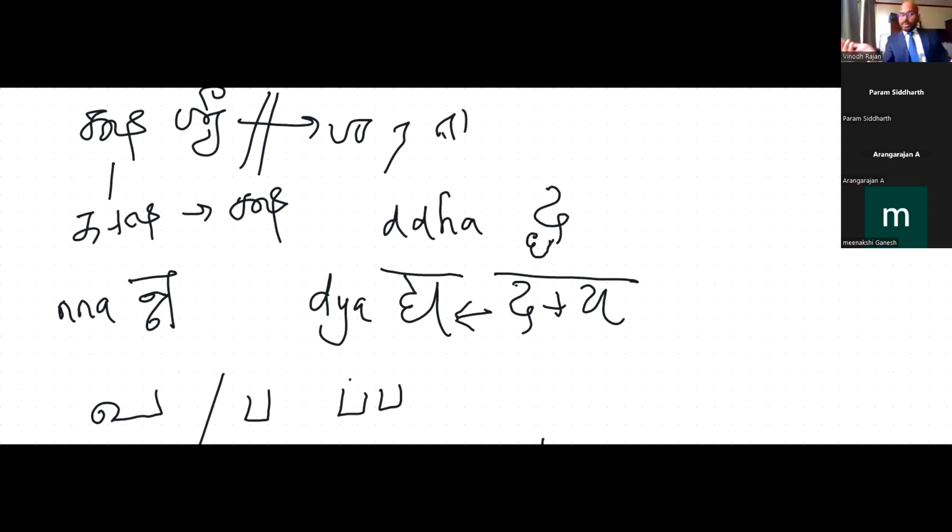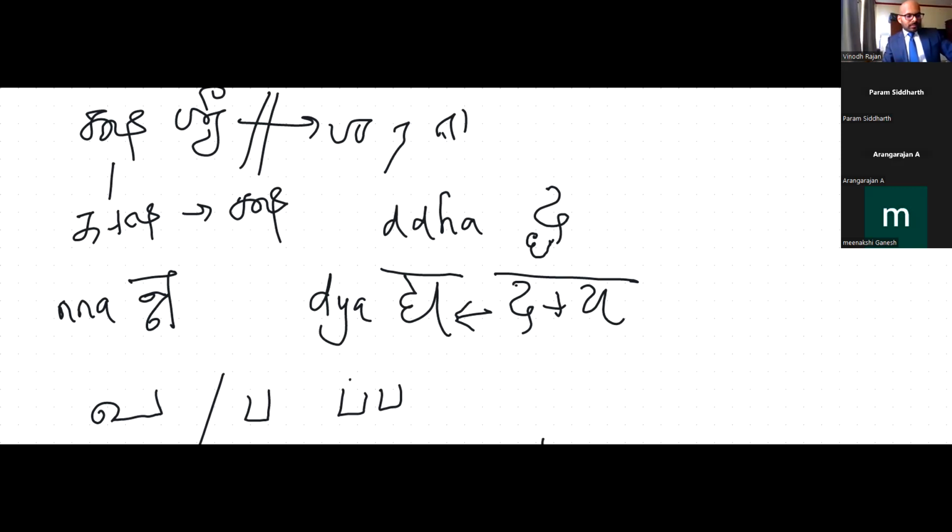But this is not always the case. Sometimes, if a letter is particularly cursive, you can push them together and write them in one single stroke.